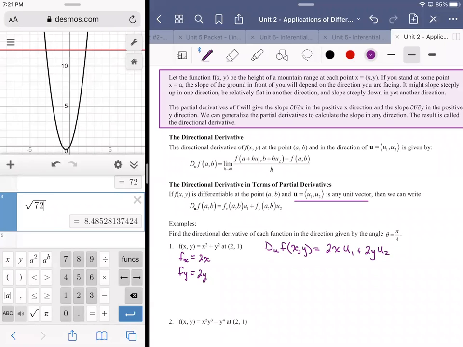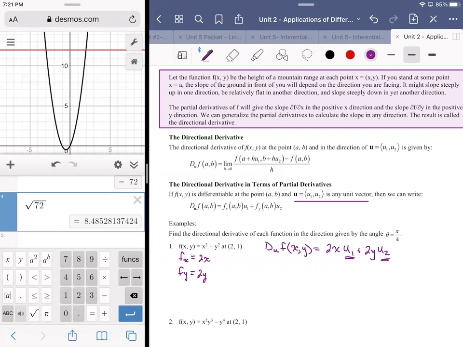Because essentially it's the dot product between the first order partial vector, which we'll get to in a few minutes, and the unit vector. We're going to have to come up with u1 and u2 somehow. So let's take a step back and see what that's all about.